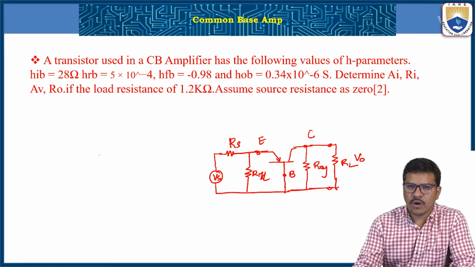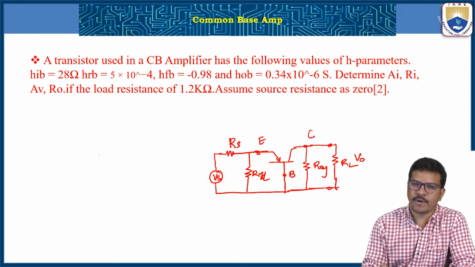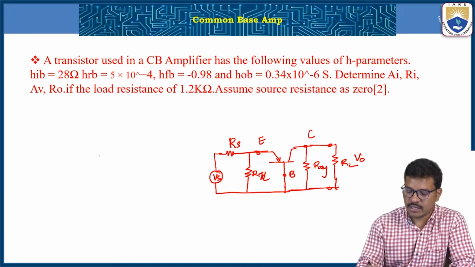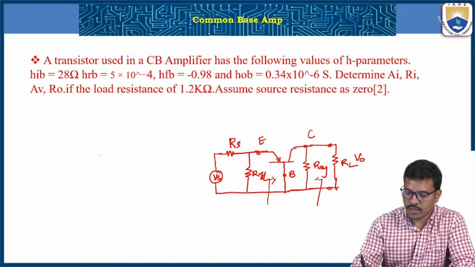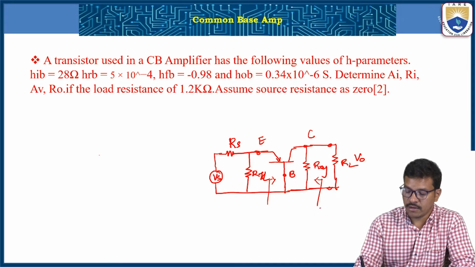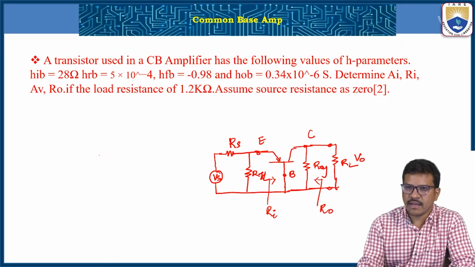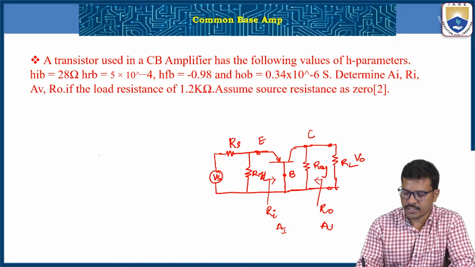So if you want to measure these characteristic parameters, we take this transistor diagram converted into H parameter model. Once it is in H parameter model, it is very easy to find out the parameter values like input impedance, output impedance, and what is the voltage gain for this model using this parameter model, and the current gain and voltage gain.